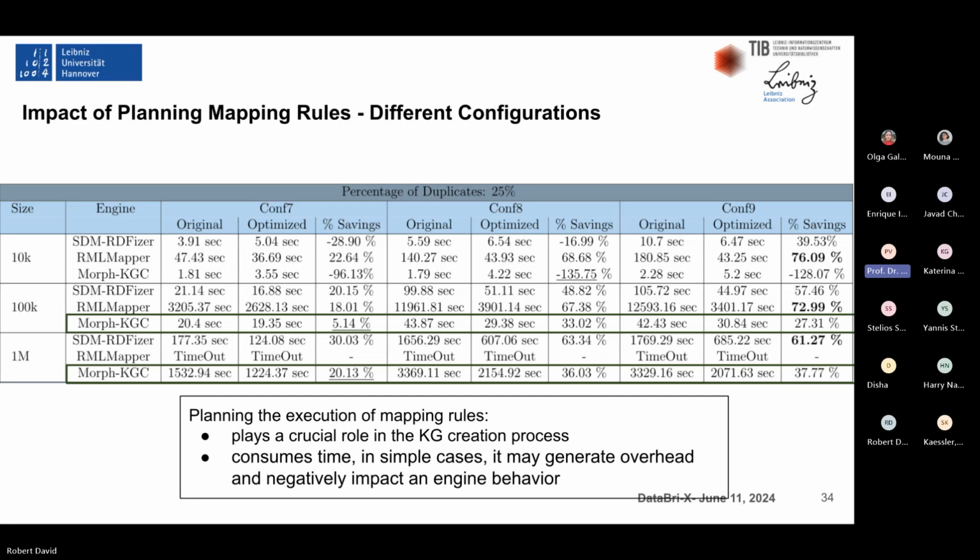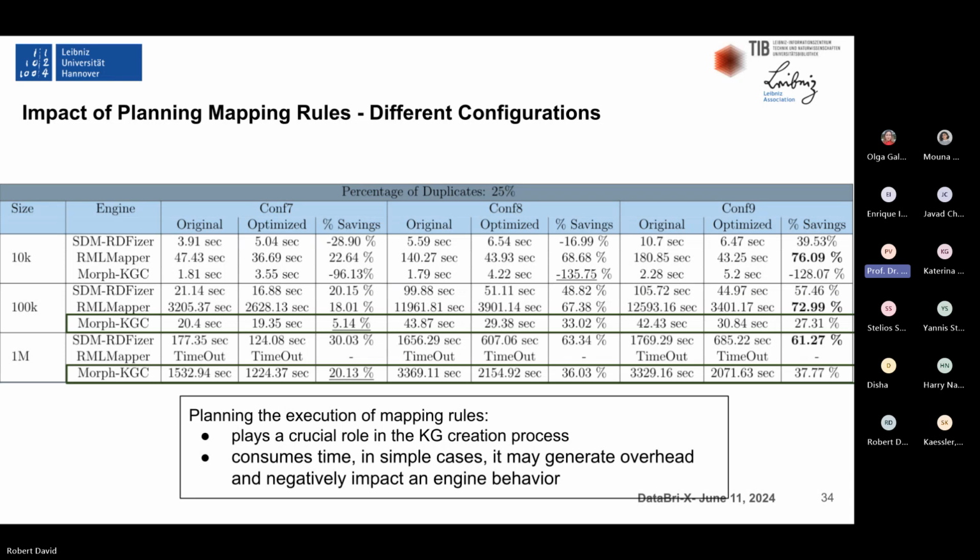It's costly to find the plan. It's not necessarily the best to have a plan for a simple scenario. But what we are clearly seeing is that when we have complex scenarios, with large amounts of memory or large data sets and complex triple maps, this is also a way to go.